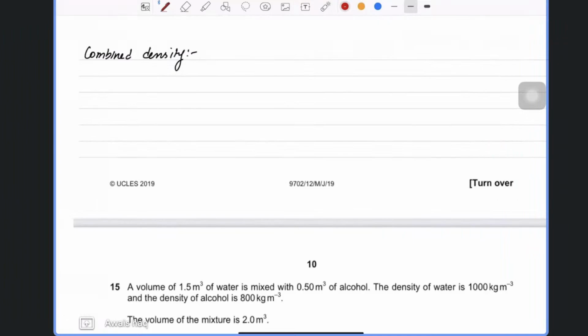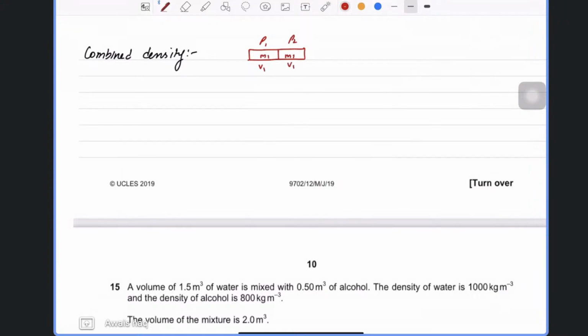So now we're going to move towards combined density. And combined density is basically a very critical thing. For example, I'm just going to tell you what people do. So suppose there are two different materials that you mix together. One has density 1, one has density 2. Mass 1, volume 1, mass 2, volume 2.